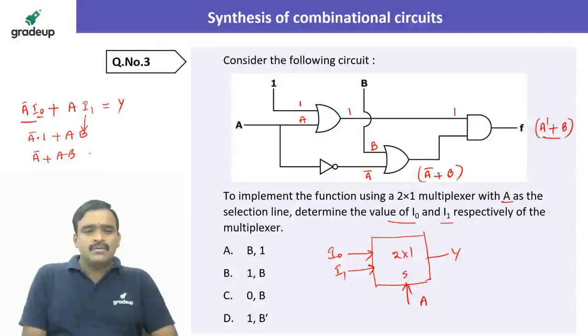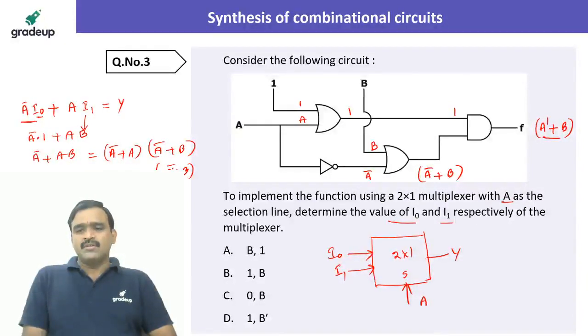This can be written as A bar plus A, because A plus BC can be written as A plus B into A plus C by the distributive law. So (A bar plus A) into (A bar plus B). A bar plus A becomes 1, so 1 into A bar plus B is nothing but A bar plus B. So A bar plus B is the output.